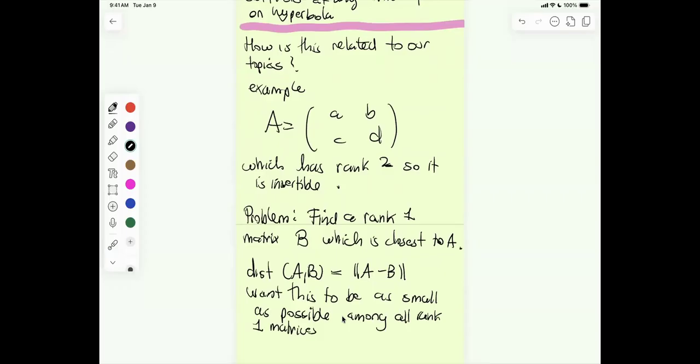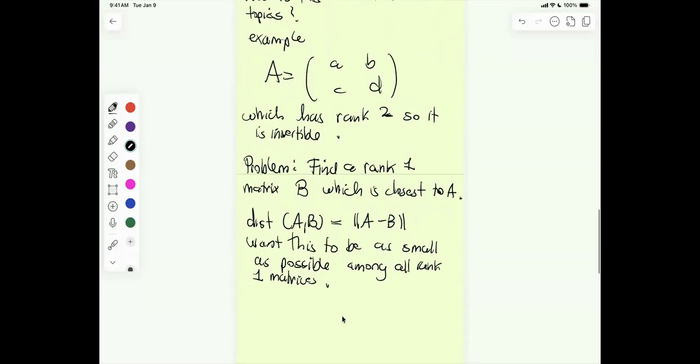Okay, now I'm going to cheat, just to set it up more like a problem. What does it mean to be a rank 1 matrix? It means that you can express B as a tensor product of two vectors, right? You could even do it by brute force.